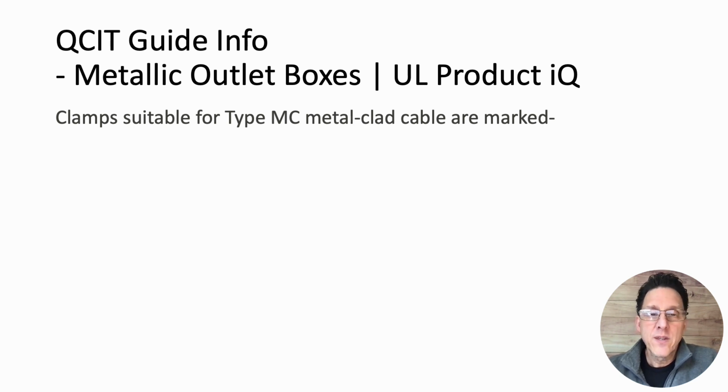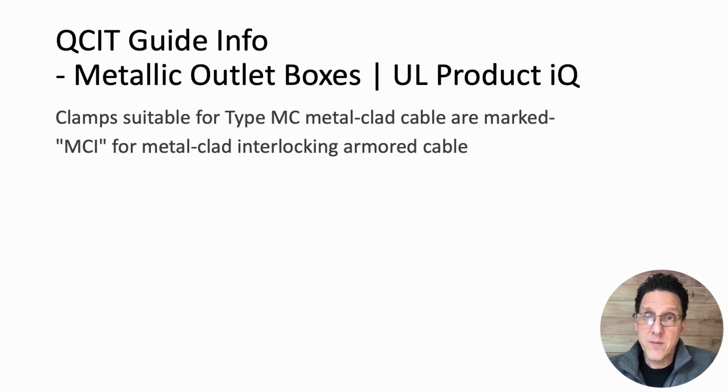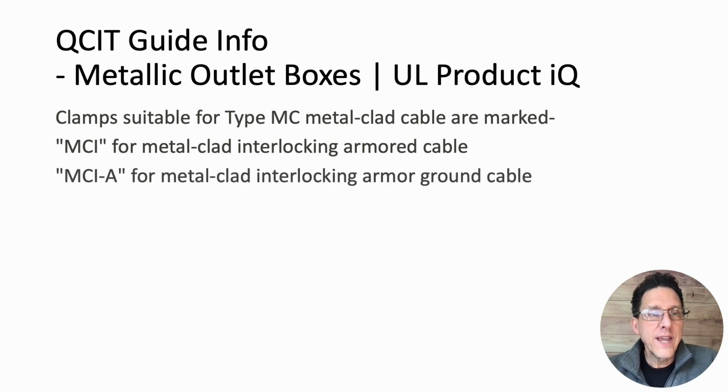Continuing on, if the clamp is suitable for MC cable, there's different types of MC cable. If it says MCI, that's for the interlock tape type MC cable. And MCIA, that's the interlock tape with an armored ground, right? So it might have like a full-size ground in there.